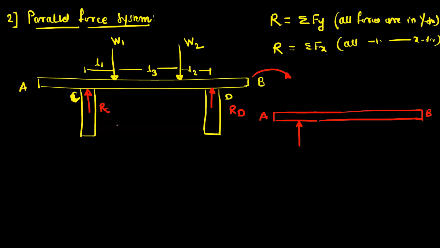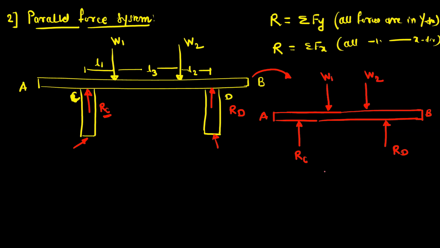Then at point C, just draw the vector RC. There is one support, and this support offers the reaction RC. Then at point D, we have the reaction RD, representing this support, and the applied forces are the weight W1 and the weight W2.